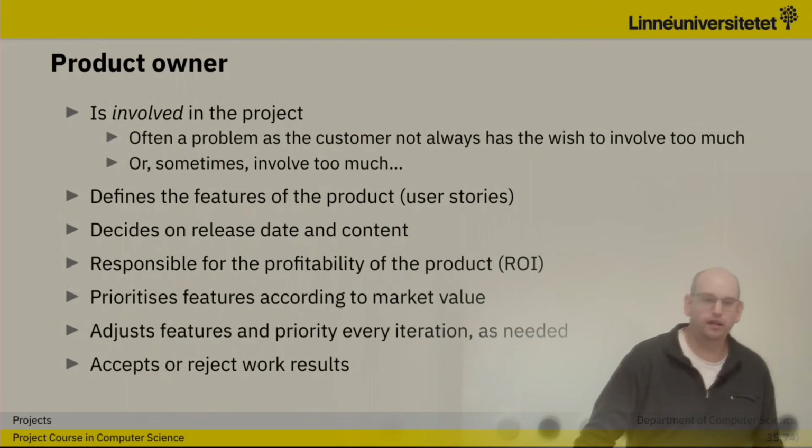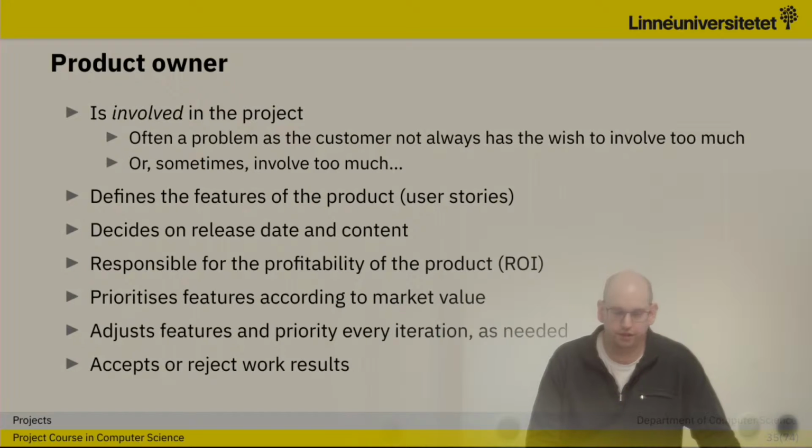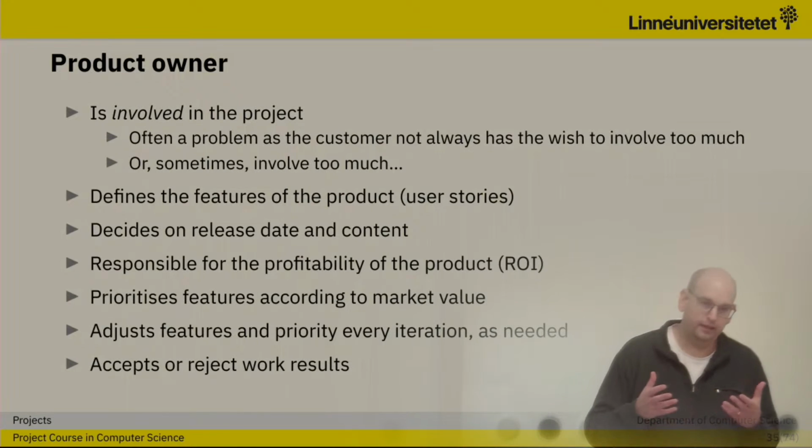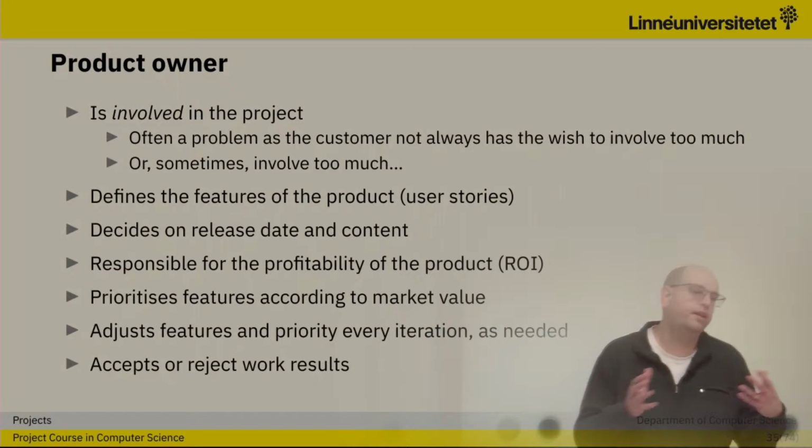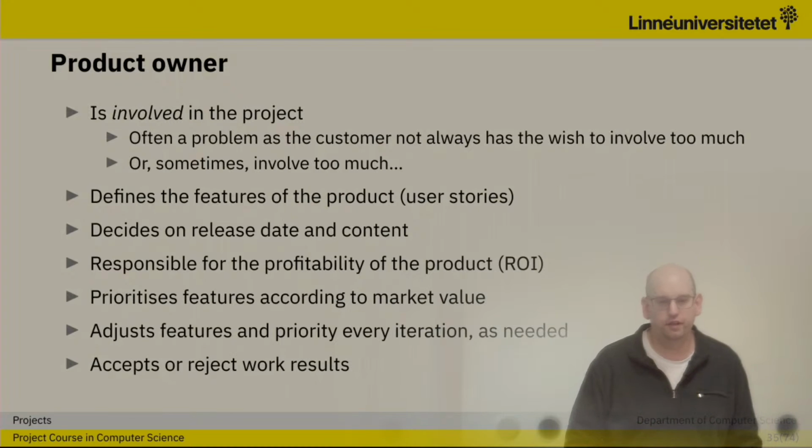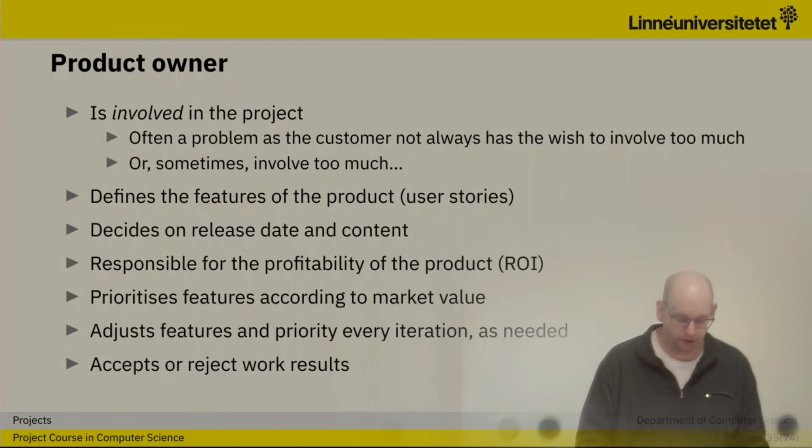The product owner, in contrast to traditional development, is really involved in the project. And that might be a problem, not a problem per se, but rather that the customer, at least previously, didn't set off enough time to actually be involved in the project.